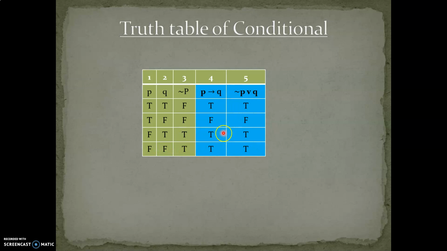So from column number 4 and column number 5, you can write P implies Q is equivalent to negation P or Q. So we are proving through truth table this result. So P implies Q can be written in this form, negation of P or Q. This result we are going to use in the negation of implication.